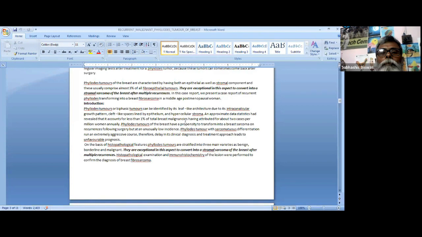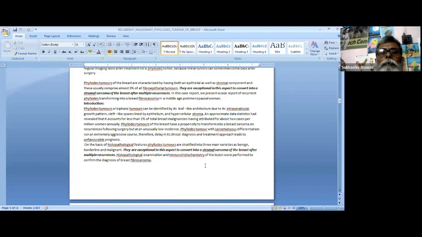Approximate statistics have revealed that it accounts for less than 1% of total breast malignancies, about 2 cases per million women annually.